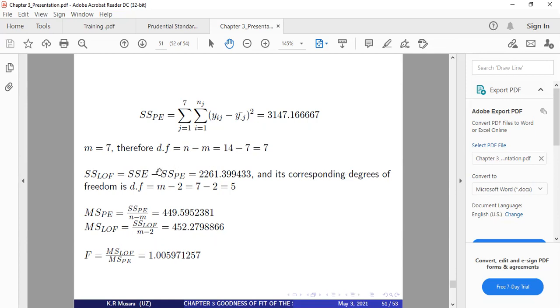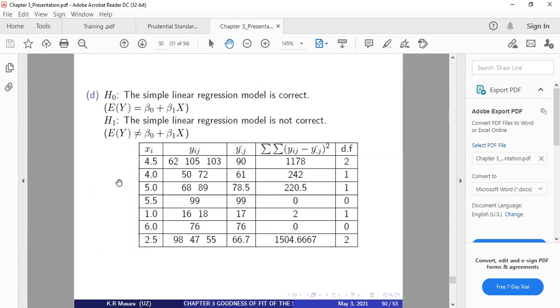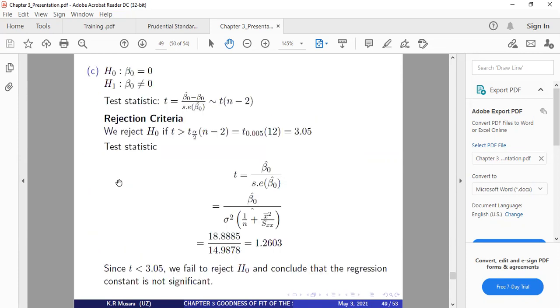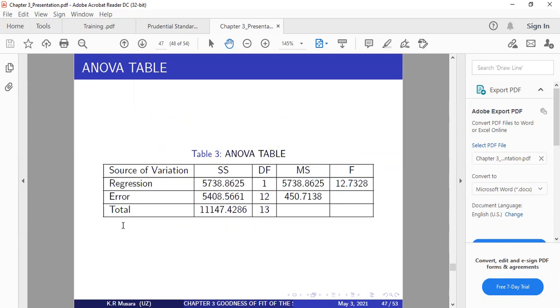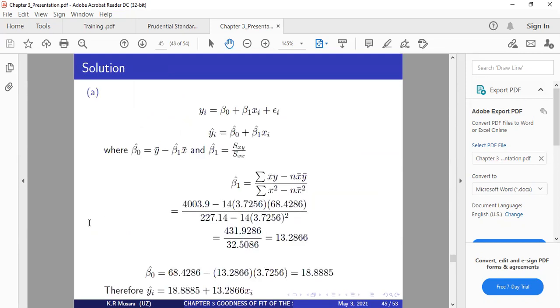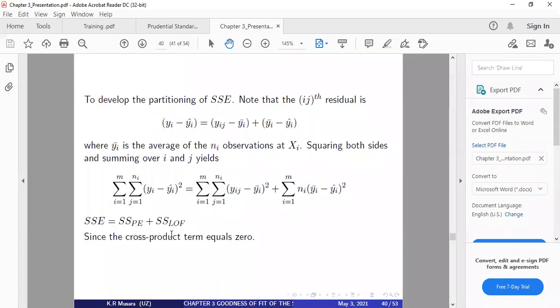So that is the degrees of freedom related to pure error. After getting the SS pure error, you're able to get SS lof, because we had said initially that SS error is partitioned into two components. We initially had SSE on the ANOVA table, so what we need now is SS lof.